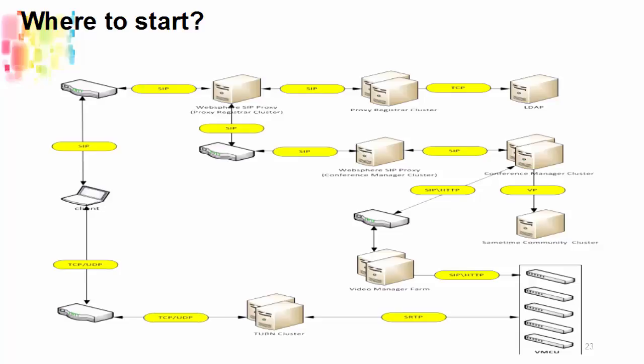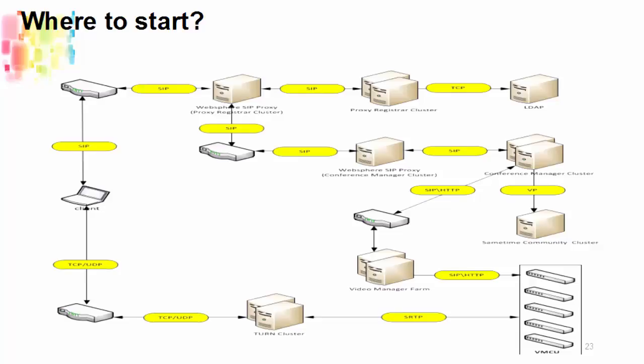If you're not getting in-way or multi-point audio-video or audio-video in your meeting room, then we're going to know to start down here at your video manager farm and possibly over to your MCU. And I think I cover some of this in the scenario slides. If you're getting to the point where the call is started but you're getting black screens and no data, that usually indicates a problem down here on the bottom part of the path of the UDP traffic, either to another endpoint or to TURN, and then on back to the MCU.